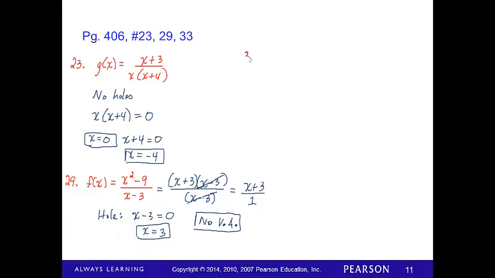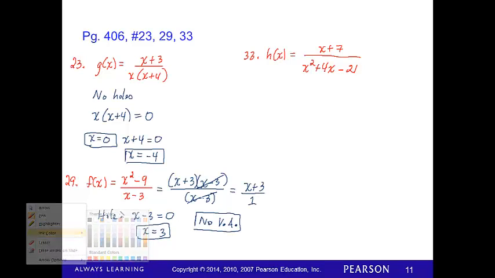And then last one, number 33, it has h of x equals x plus 7 divided by x squared plus 4x minus 21. And again, step 1 was to factor the numerator and the denominator if possible.